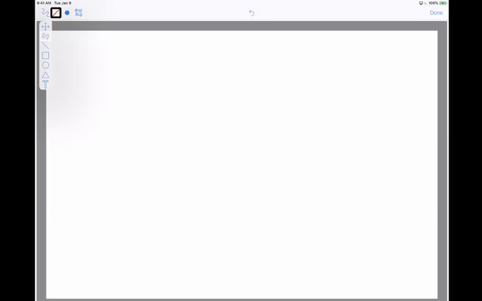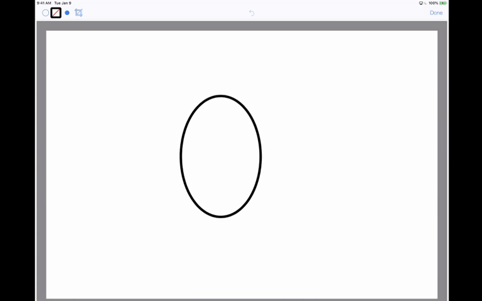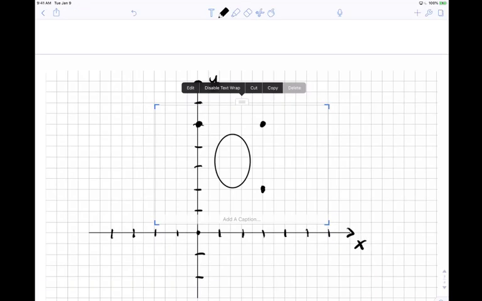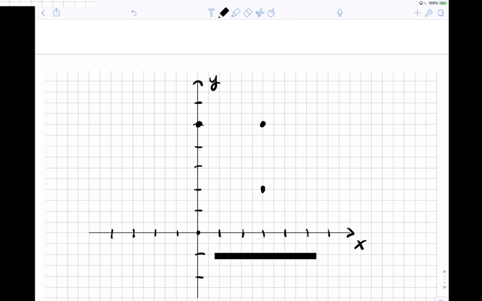I would like a circle. Oh, you know what? Actually, let's undo that. There is a way to do that. Hang on. Let me hit done and let me delete. How did I do that before? Yes, there it is.